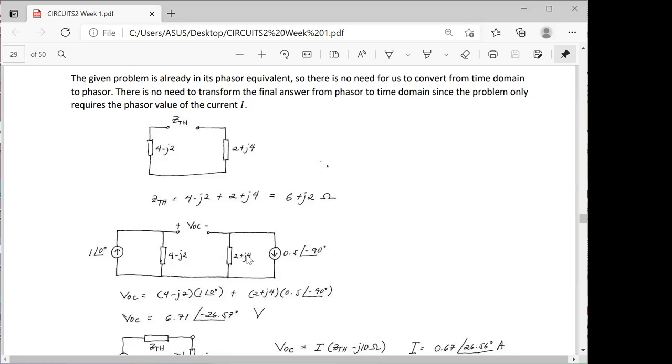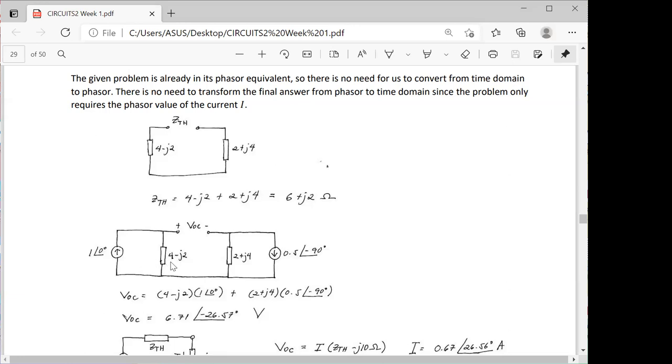the two voltage drops, the voltage drop across the right combination and the voltage drop across the left combination. So in our solution here, our VOC is equal to 2 plus J4 times 0.5 angle negative 90 degrees, plus the voltage drop across this 4 minus J2.